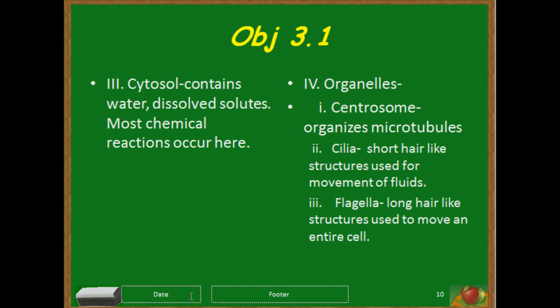Flagella is very similar to cilia, except it's a very long hair, and its main function, of course, is movement. And we see flagella on the tail of the sperm. Now the interesting thing is, if for example something happens with the microtubules, you're starting to see a pattern of how it will affect cilia. It'll affect the fallopian tubes, it affects the trachea.